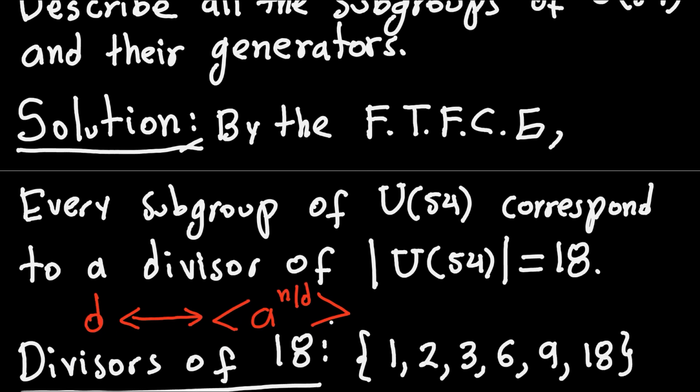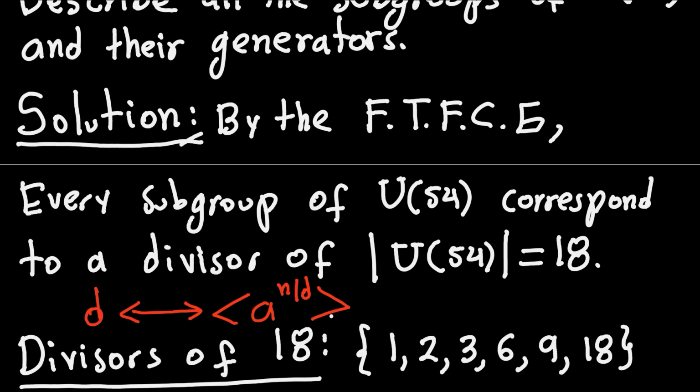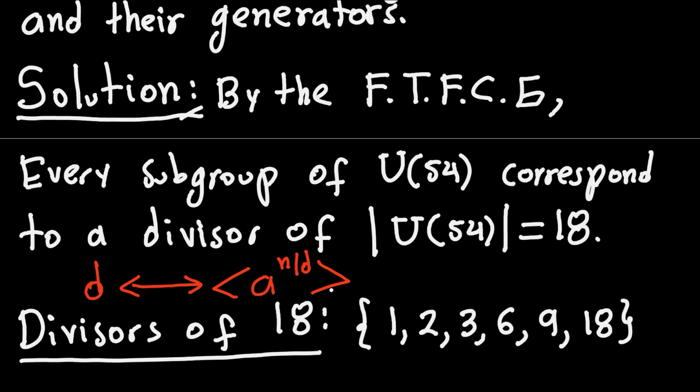Because this group is cyclic, we know we can apply the fundamental theorem of finite cyclic groups. That theorem tells us that the divisors of the order, the divisors of 18, correspond to the subgroups of this group.